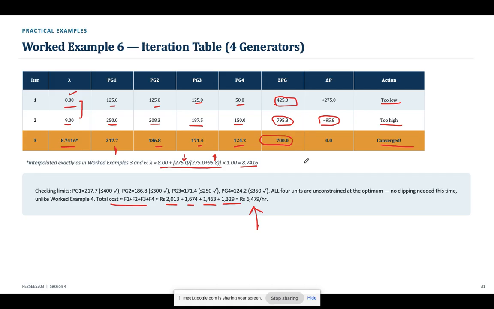In larger practical systems, the numerical implementation is automated, but the engineer's understanding remains exactly what we are developing here. Each lambda corresponds to a complete candidate dispatch, and the correct lambda is the one that satisfies the system requirement while respecting the feasible operating region.